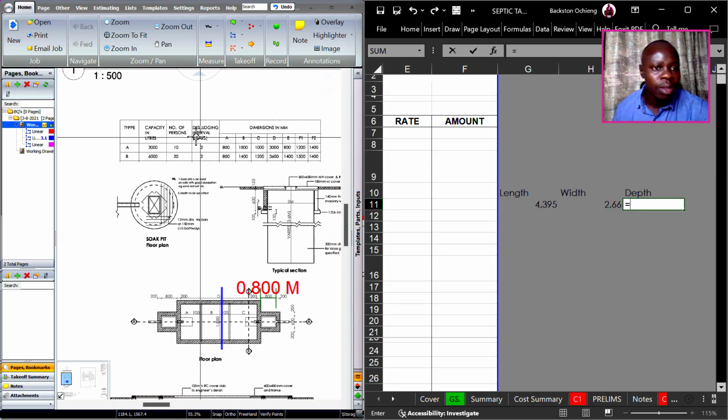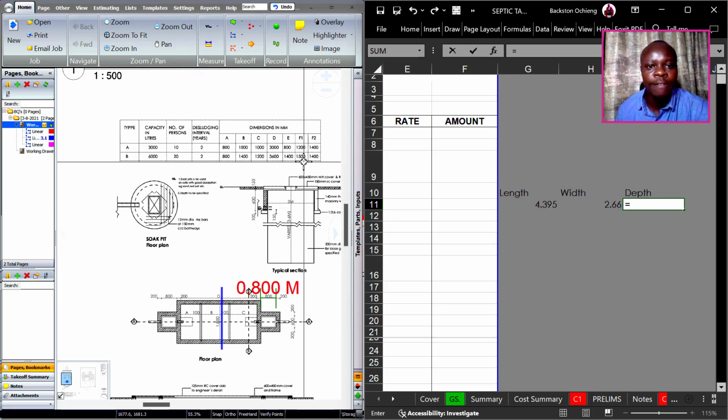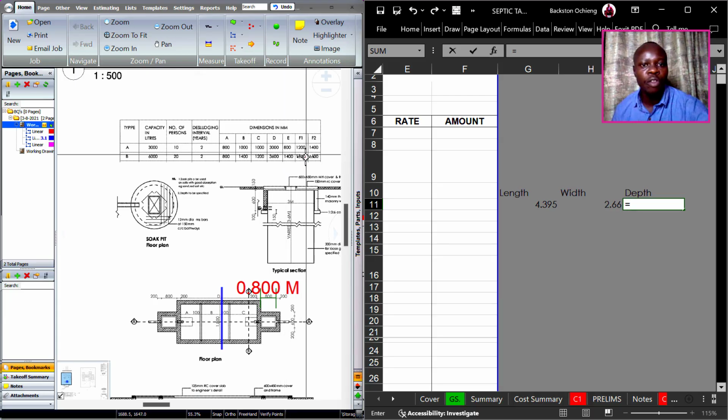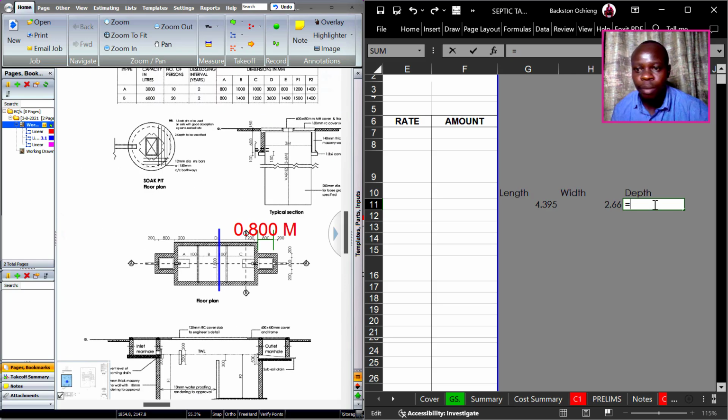Okay, this table we took preference B for the capacity of the septic tank. So F1 here is 1.5 meters and F2 is 1.4 meters. So we have 1.5 plus 1.4.